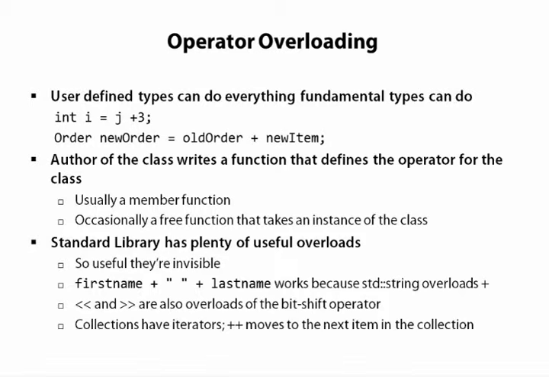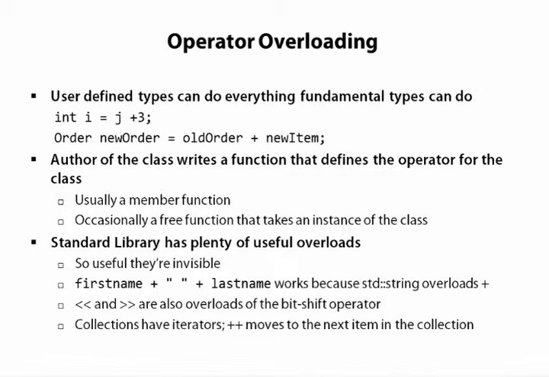The cin and cout using those double arrows turn out to be overloads of the bit shift operator. And when we talk about the standard library in more detail and talk about things like collections, it's rich in overloads of, for example, the increment operator that you can use to move through a collection, moving on to the next and the next and the next.